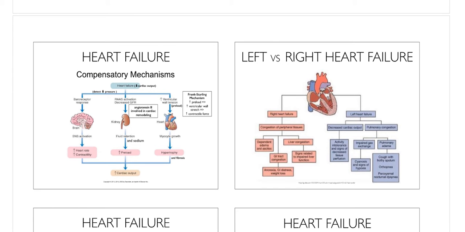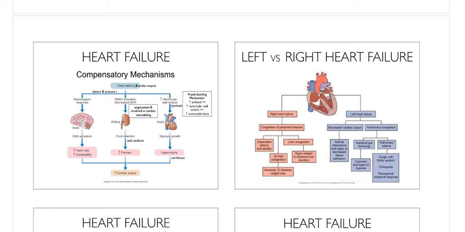So here we can see that with heart failure, we have decreased cardiac output, and overall we're going to have a decreased pressure. This is going to activate our baroreceptors to stimulate SNS, a signal of SNS activation.